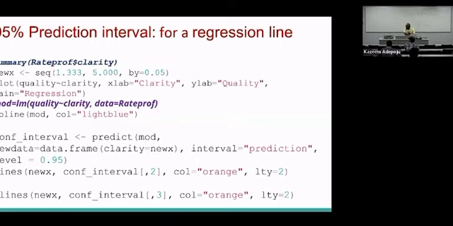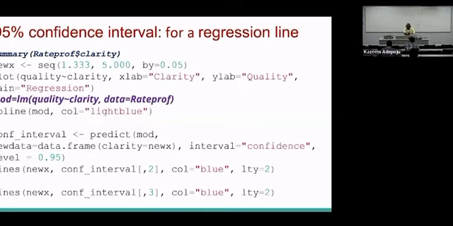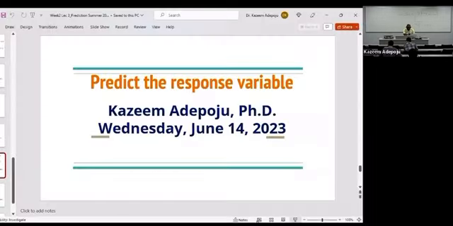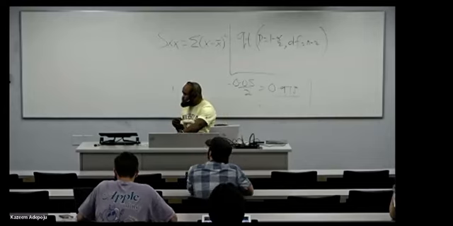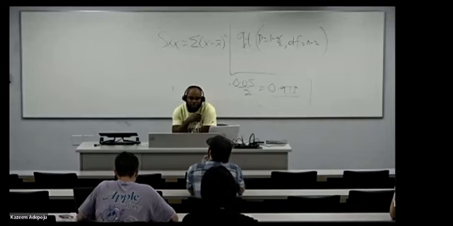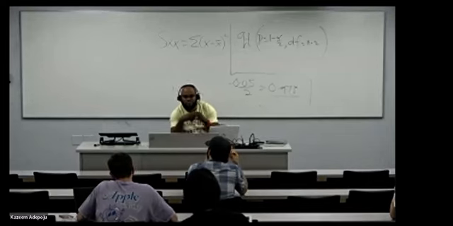So this is going to be the end of my lecture today. I'm going to give a summary of what we have done today. We focused on prediction, predicting the response.